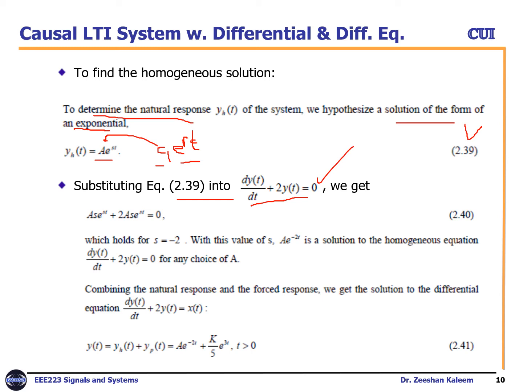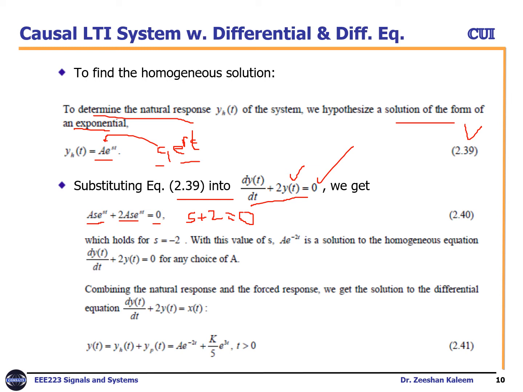Now substituting equation 2.39 into this differential equation, where on the right hand side we have a 0. So first take the first derivative. We have A s e^{st} + 2A e^{st}, without taking a derivative, just putting the value of y(t), equals 0. Now as you know, we can write this in auxiliary form in this way: s + 2 = 0, right?